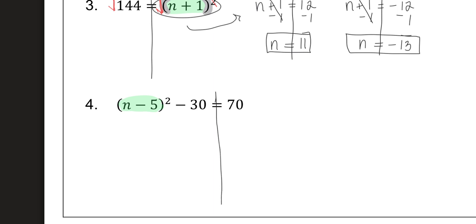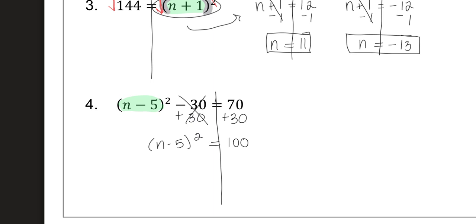So I'm going to draw that line down the equal sign. First, I need to get rid of this 30, then we can square root to get rid of the square. So first, we can add 30. That will cancel there. Add 30 on the right side. So now I have n minus 5 squared equals 100.